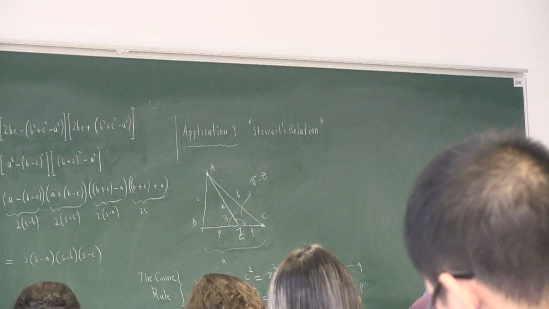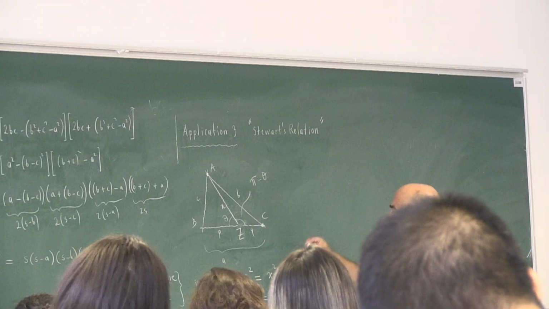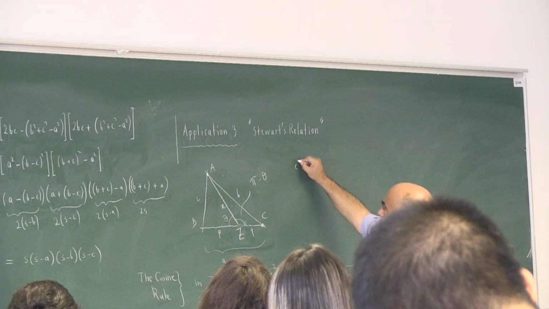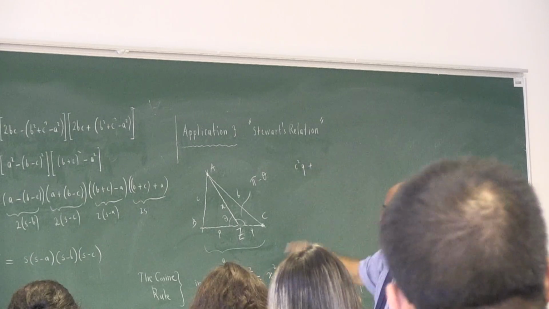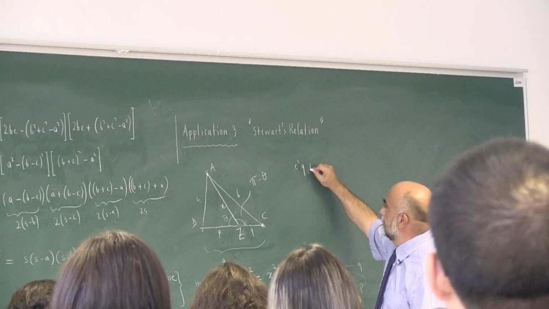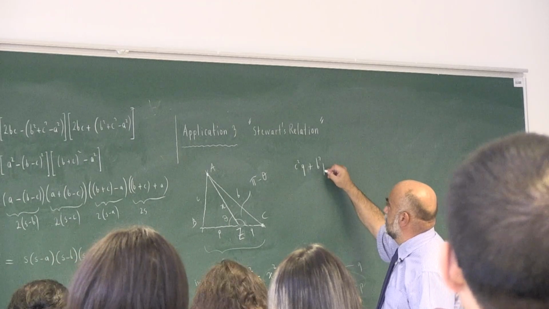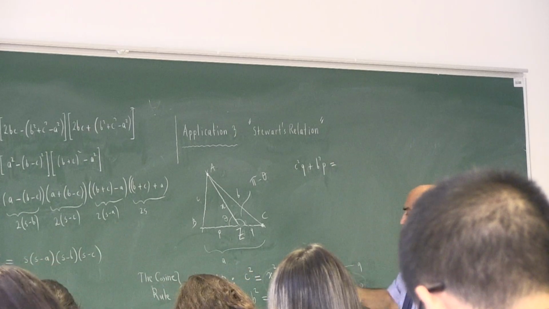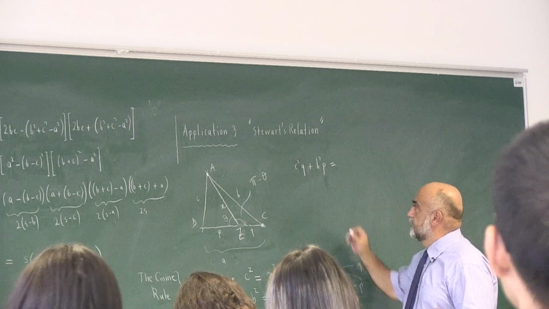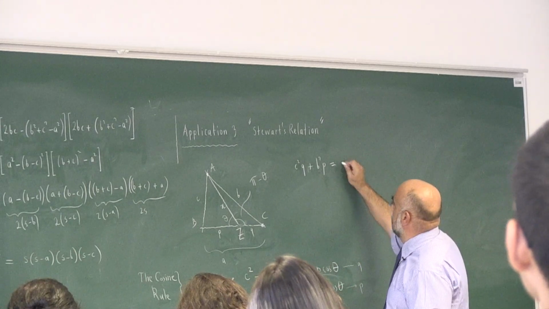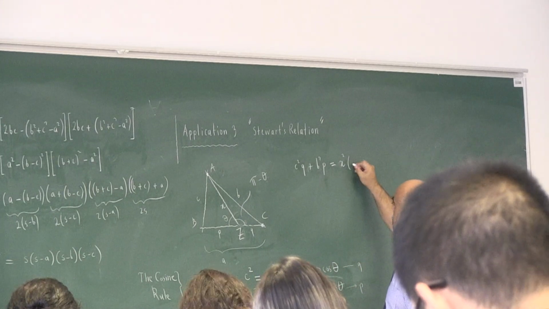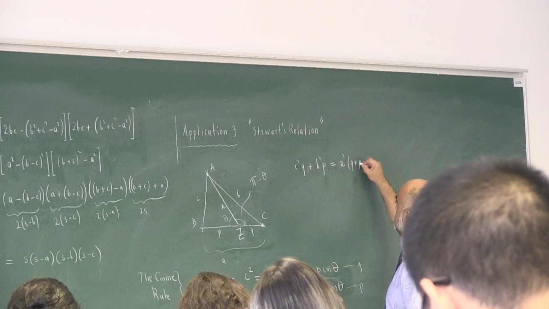So what happens? I multiply C squared with Q, so I've got C squared Q plus B squared P equals X squared Q plus X squared P, which is fine.